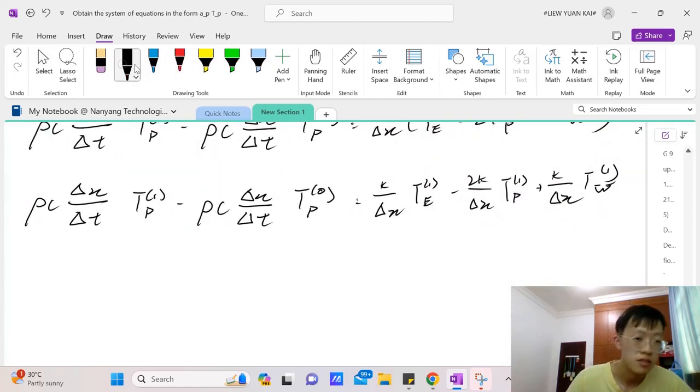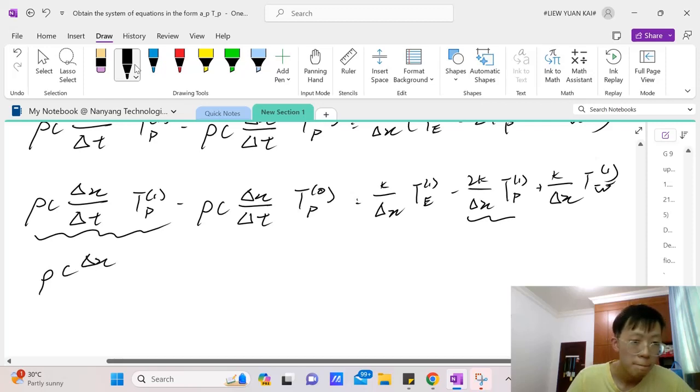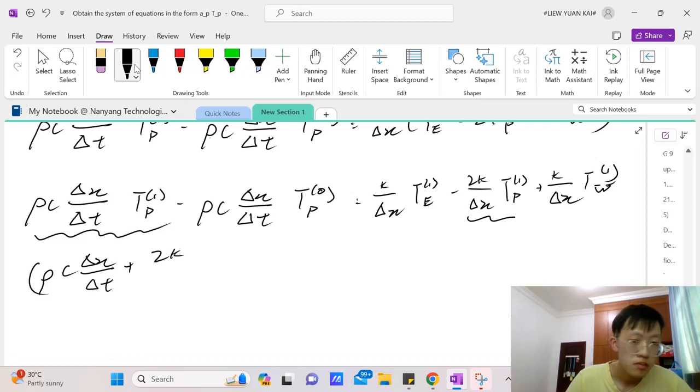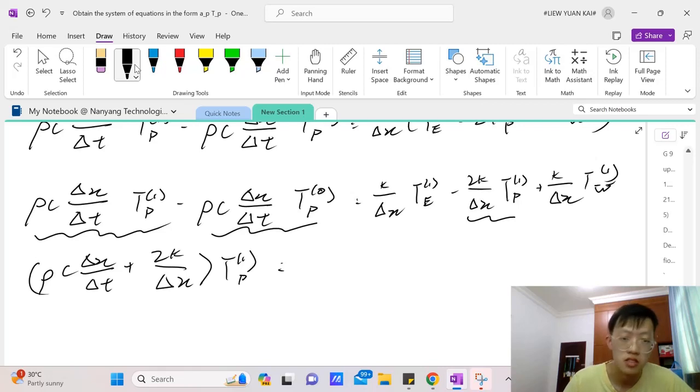So first we want the T1P terms. You put them all together, you should get this. Then next we have the T naught P terms, so it's just that T naught.